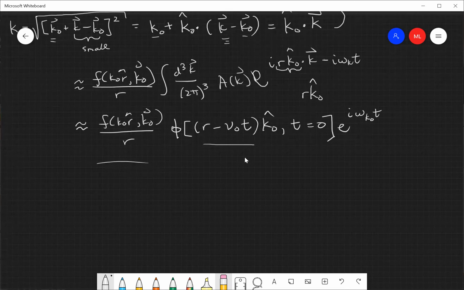But what you can do is now you can calculate the probability of observing a particle in some solid angle, omega. Out here is some detector.